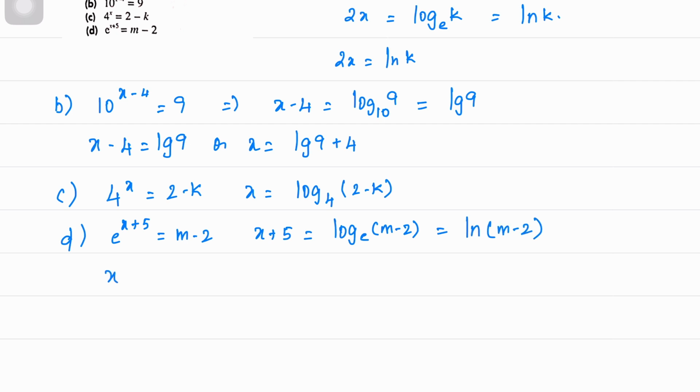So x plus 5 equals natural log of m minus 2, or x equals natural log of m minus 2, minus 5. So either you can leave it like this, or you can simplify and write it as x equals natural log of m minus 2 minus 5 by bringing this 5 to the right side. So that's about it.